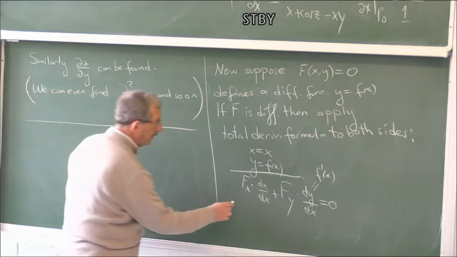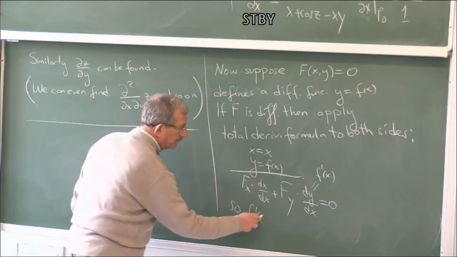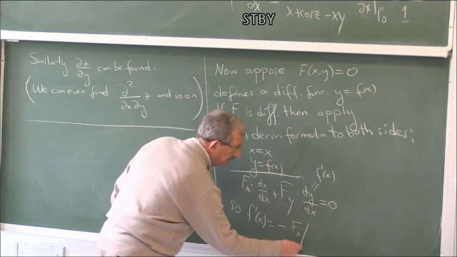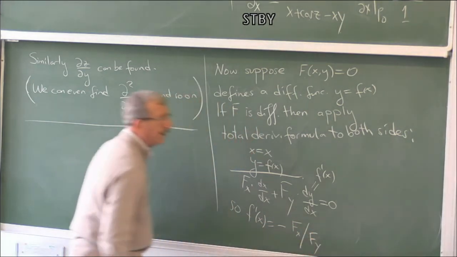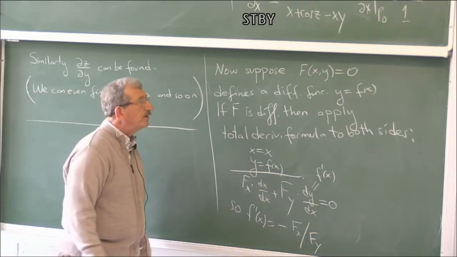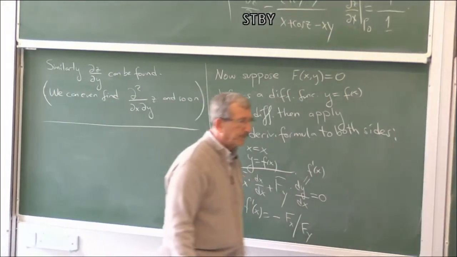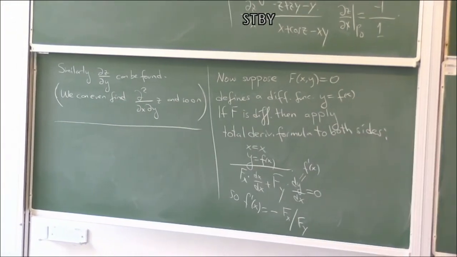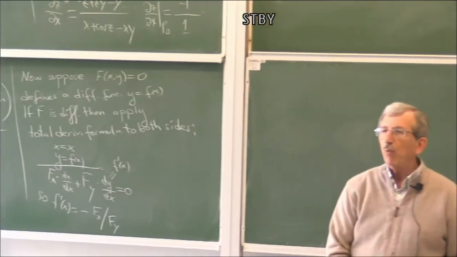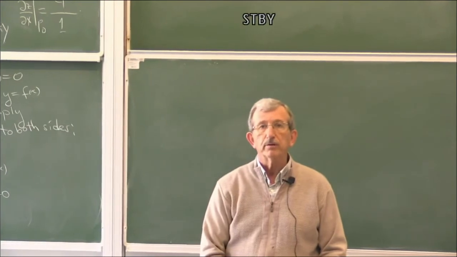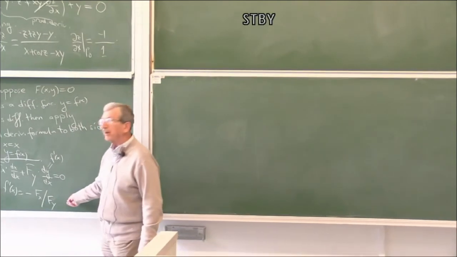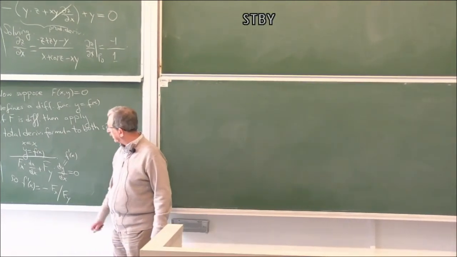So, f prime x would be minus f sub x divided by f sub y. Okay. Well, at the wanted point, we can evaluate it. Note that this points out to one interesting thing. F sub y should not be 0 at the point. If it is, we have trouble in formulating f prime x using this formula.